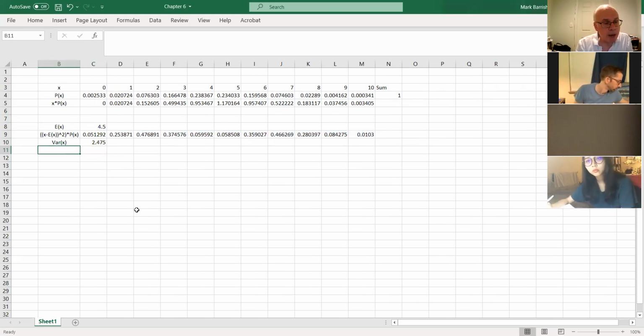Now, typically we can write that with sigma if you wanted to, sigma x, right? And what I'm just going to do here is just type out standard. This is not the way you typically write it. All right, but you get the idea. Just the square root of this number up here.